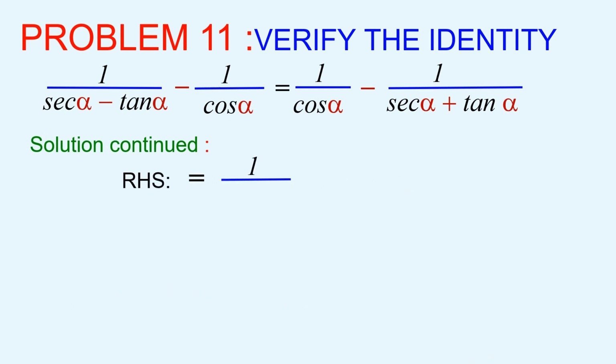Right hand side equals 1 divided by cosine of alpha minus 1 divided by secant of alpha plus tangent of alpha.